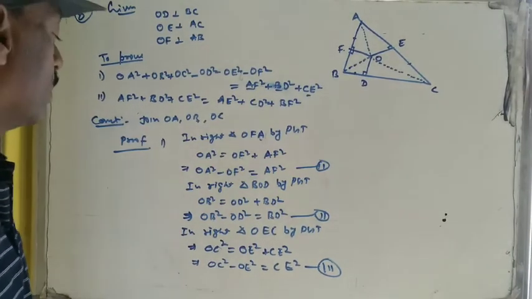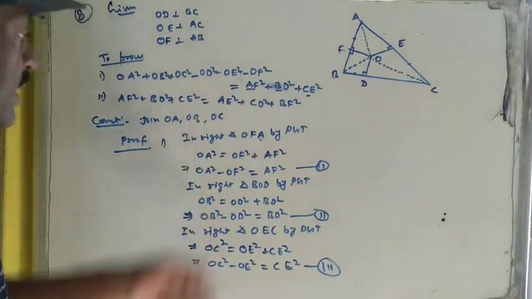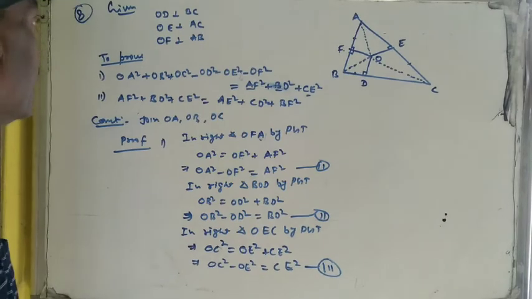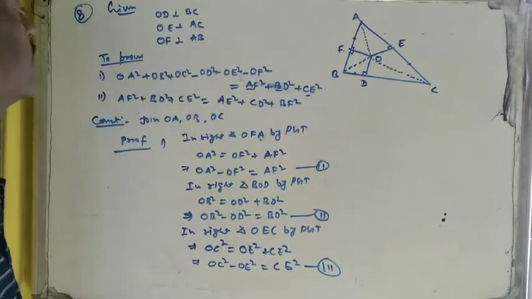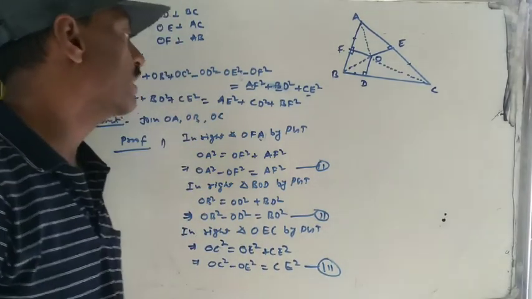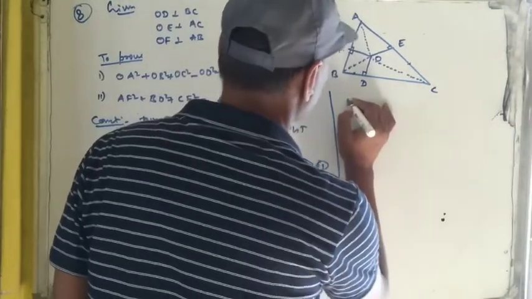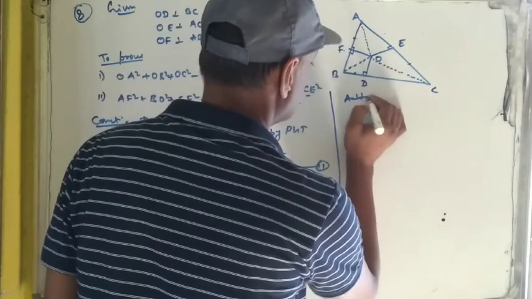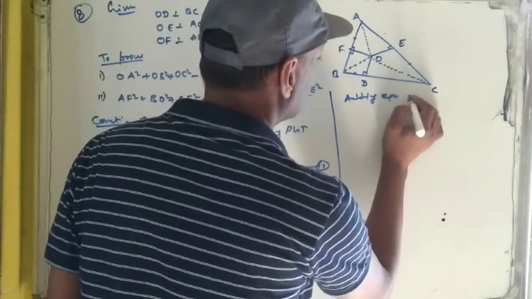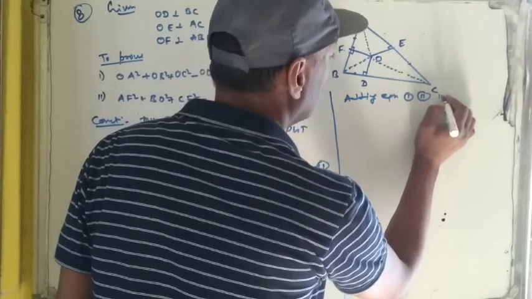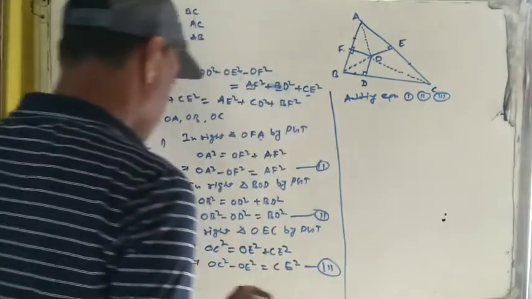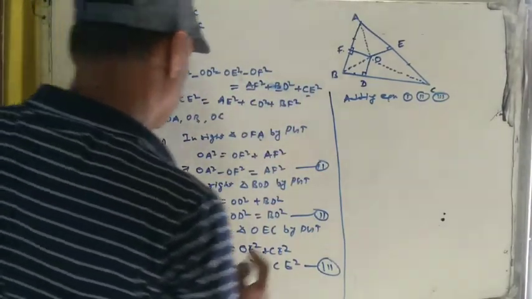Now our next work is to take these equations and, by adding them, get whatever we want to get here. So just write: by adding equations 1, 2 and 3. Just see what we get.